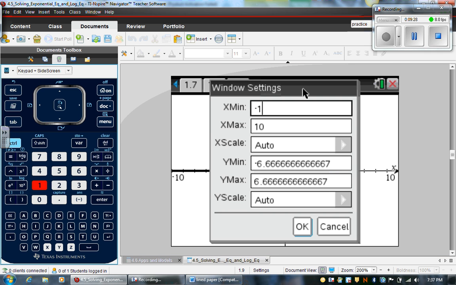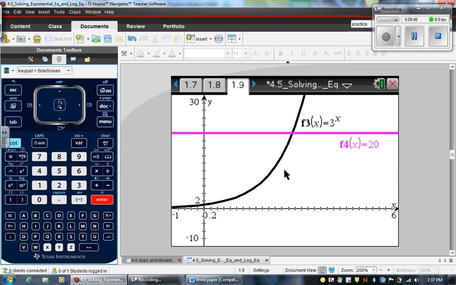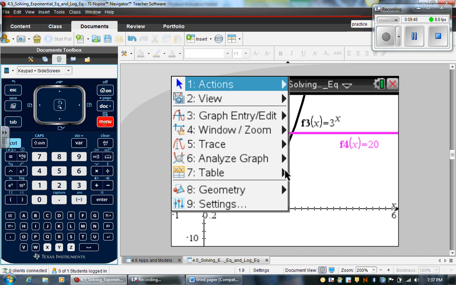We'll make this a -1, 6 perhaps. The maximum, since I had to go to 20, let's say 30. Oh, that's my minimum, isn't it? And here's my graph.